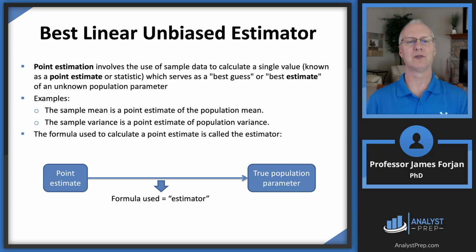It's our best guess or best estimate of an unknown population parameter, and it could be standard deviation or any of the moments. And there in my circle points, I have sample mean as a point estimate of the population mean, sample variance is the point estimate of a population variance.